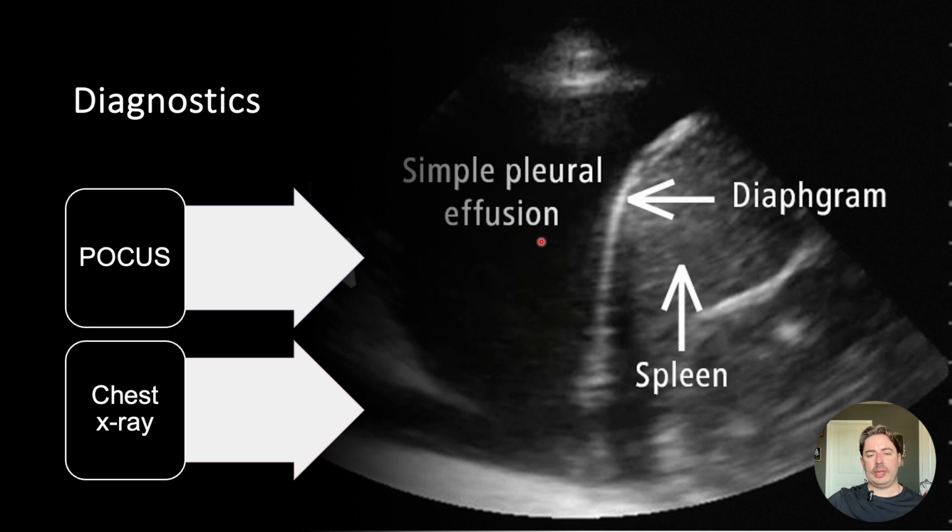So this would be an indication of a pleural effusion. One of the names for the signs with the pleural effusion is what's called a quad sign. QUAD, quad sign, is something that we can see with a pleural effusion. Chest X-ray, we're going to talk about that here in just a second.